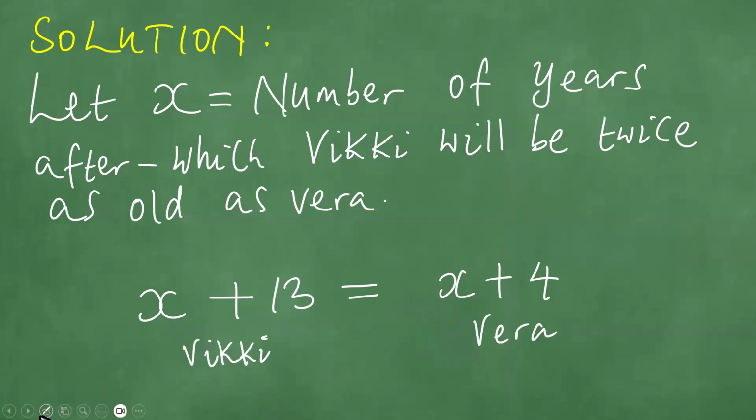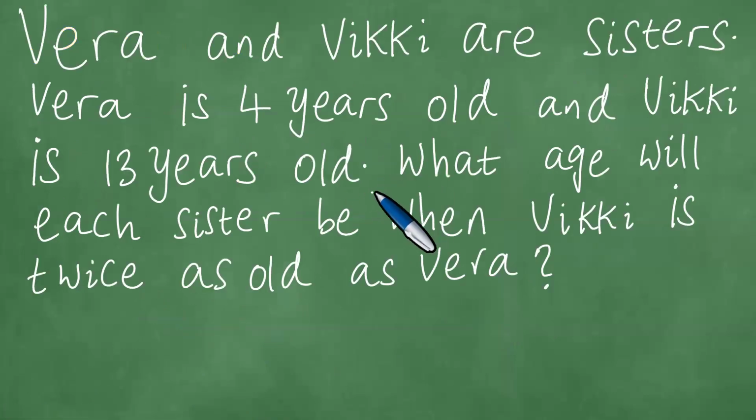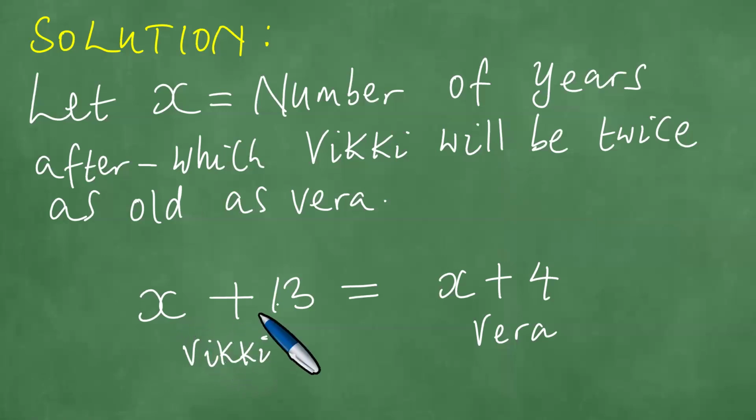The question is clear that Vikki is twice as old as Vera. So if Vikki is twice, it means the other one must be multiplied by 2 to effect an equality, meaning that we multiply Vera's age by 2 after a certain number of years x.